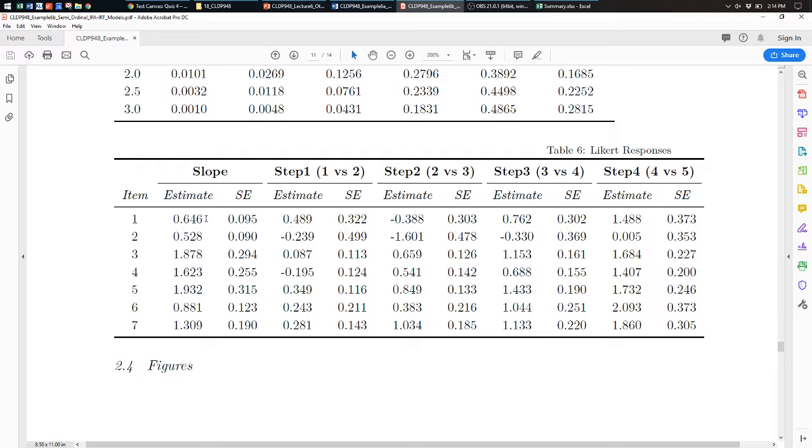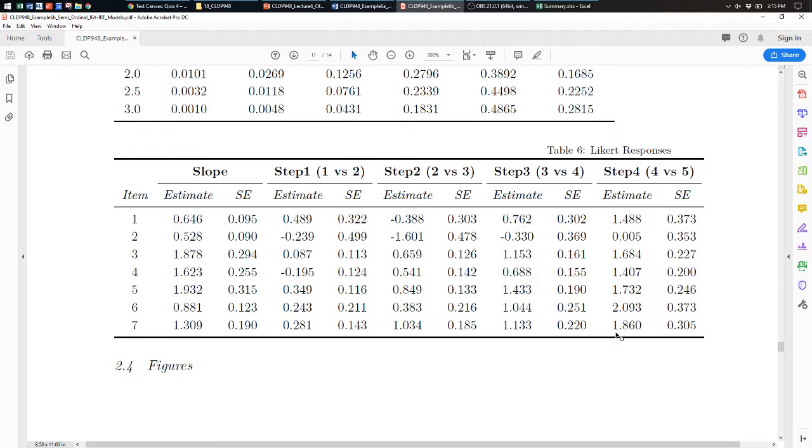So the same concerns about these things being on top of each other apply here. It looks like there's a big jump to go from step 1 to step 2, but to go from 2 to 3 is not very much. So those locations are not as discrepant from each other on the trace as it is to go from, say, 4 to 5. That's a big jump relative to step 3 versus step 4.